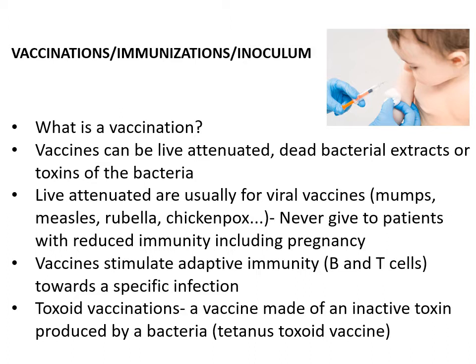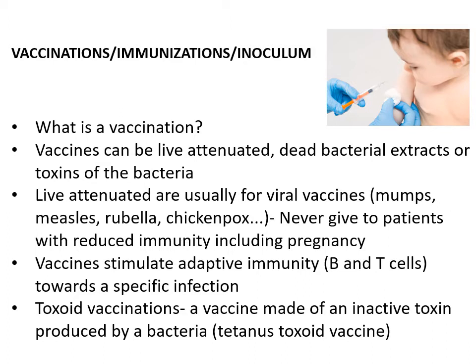Okay, vaccines can also be dead bacterial extracts, meaning it's just a whole mishmash of the dead bacteria that's been put in a vaccine and now injected into a patient, and the patient produces an adaptive immune system to all the bacterial components. Or a vaccine can be from the toxin that the bacteria produces.